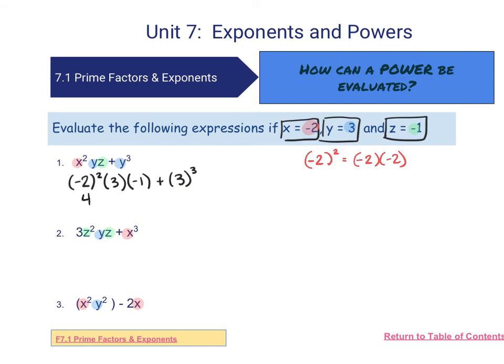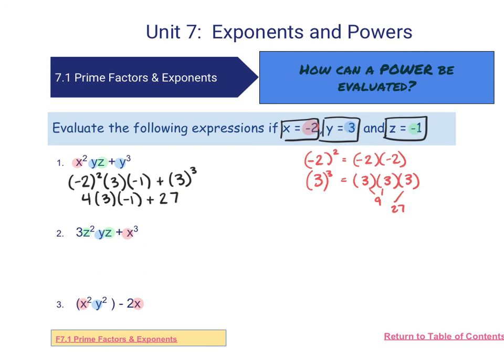So now I have 4 times 3 times -1 plus this here, 3 to the third power, which is the same thing as 3 times 3 times 3. 3 times 3 is 9, times 3 more is 27, so I have 27.